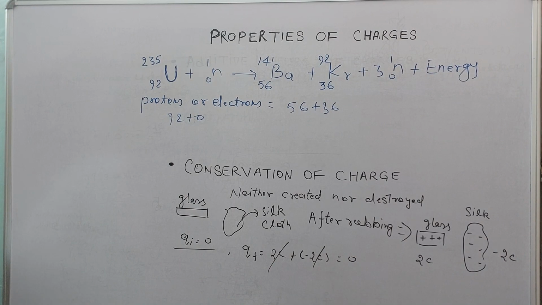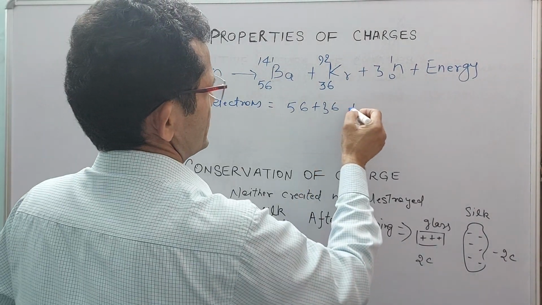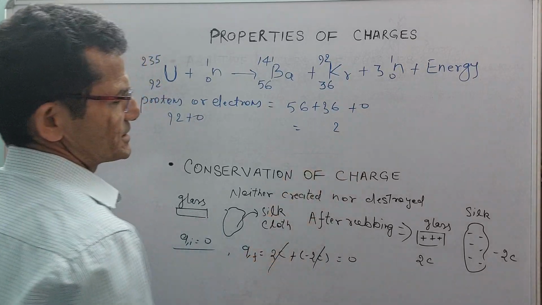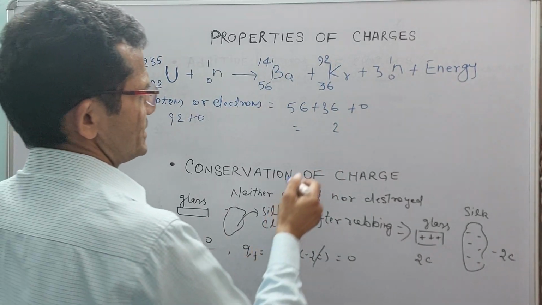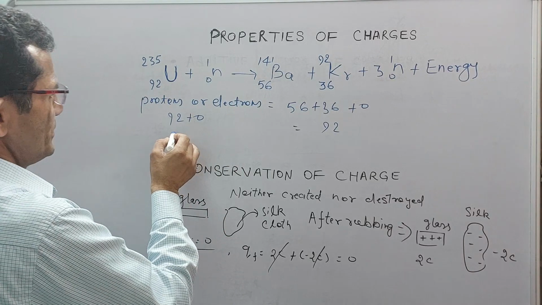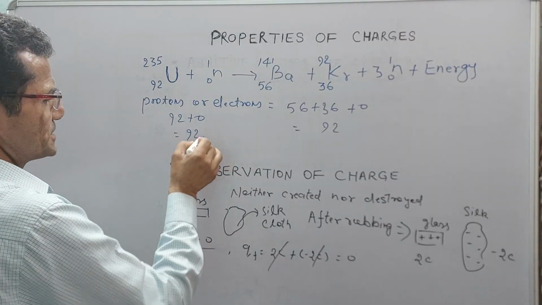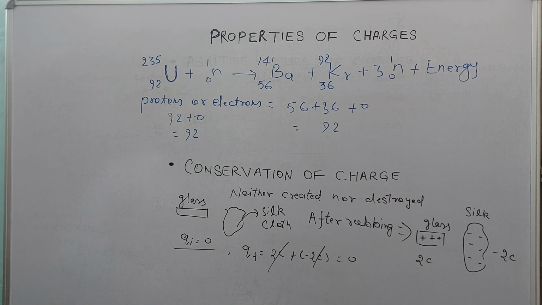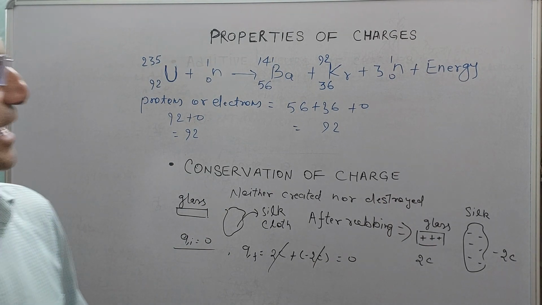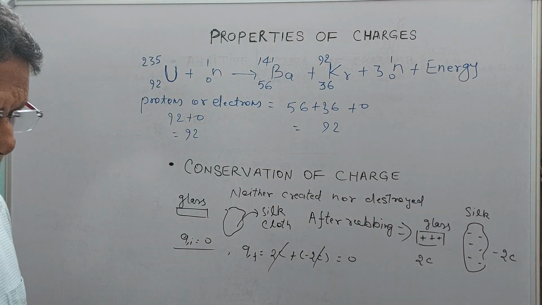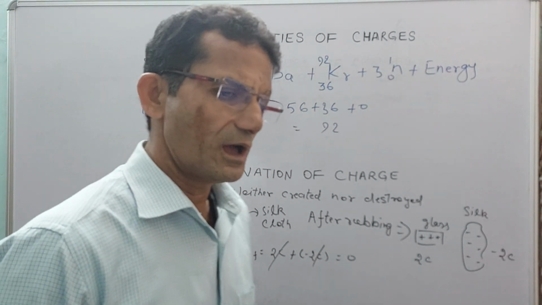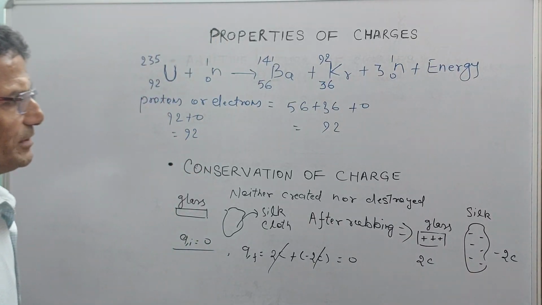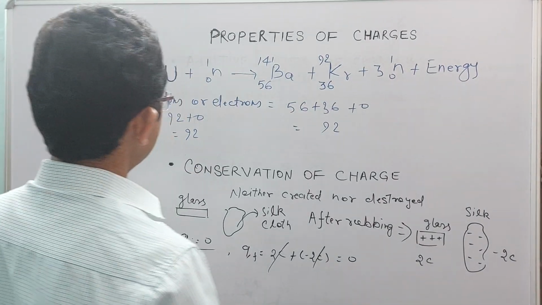If you add these two, 6 plus 6 is 12, 5 plus 3 is 8, and we again get 92. Once again we get the same number of protons. So in this nuclear reaction, charge is conserved. There is no creation or destruction of charge, only transfer.